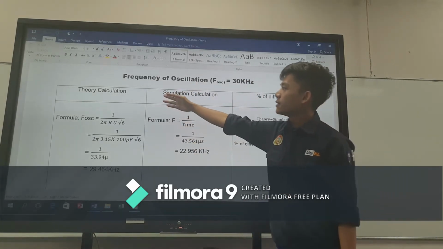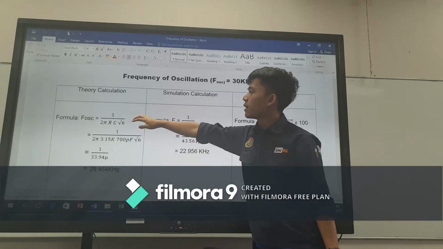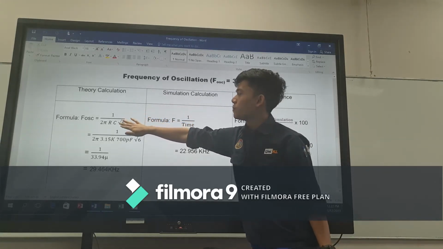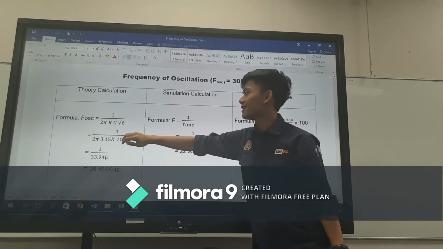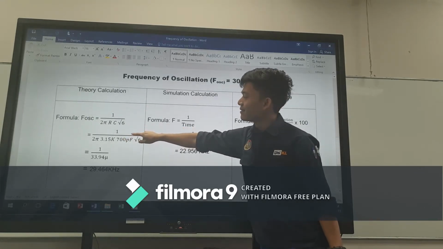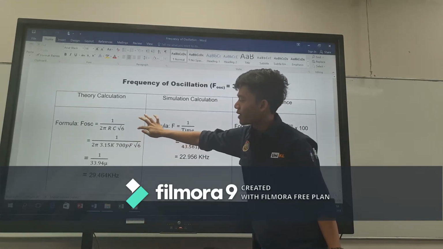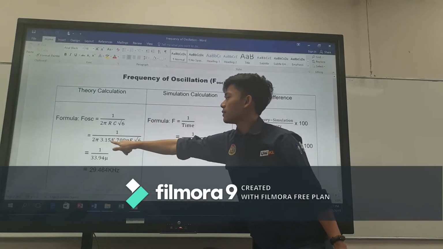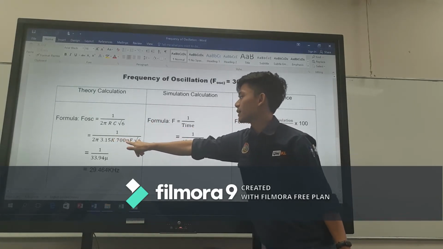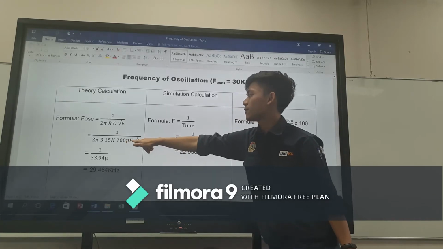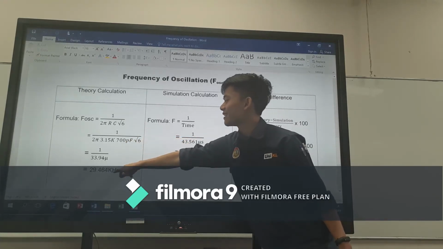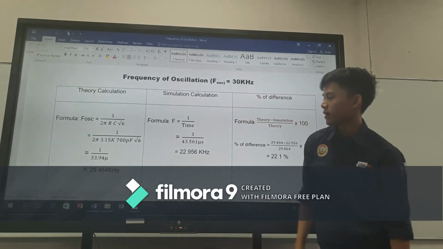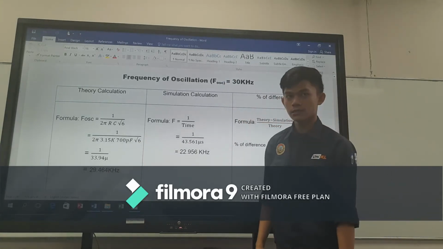This is our theory calculation. The formula is first 1 over 2 pi RC square root of 6, and we have put in the values 3.5 for our resistor and 700 microfarad for our capacitor, and the answer is 29.464 kilohertz.